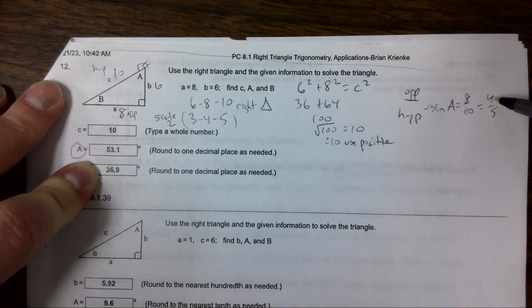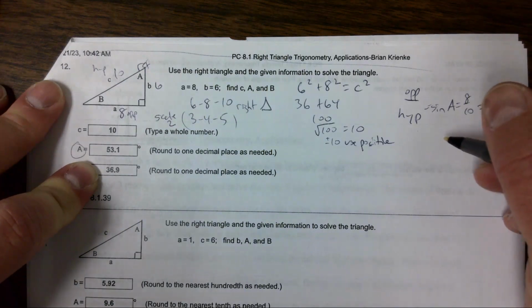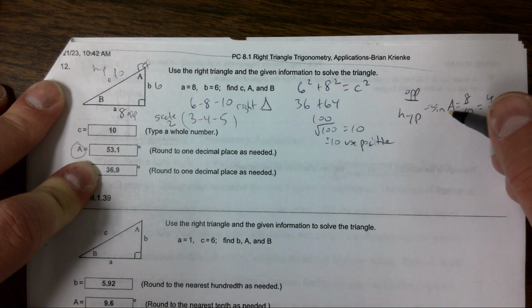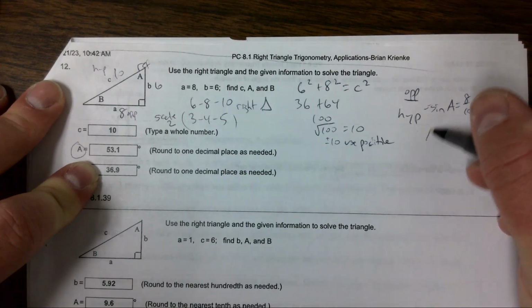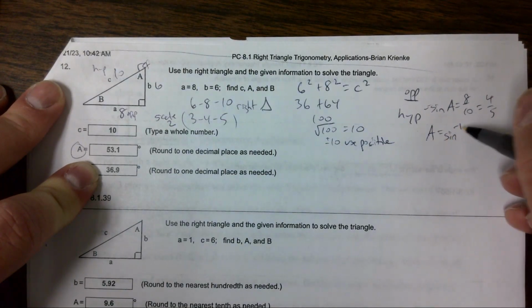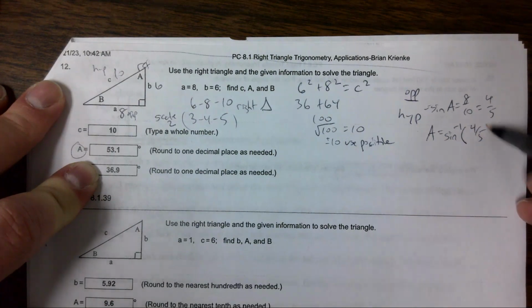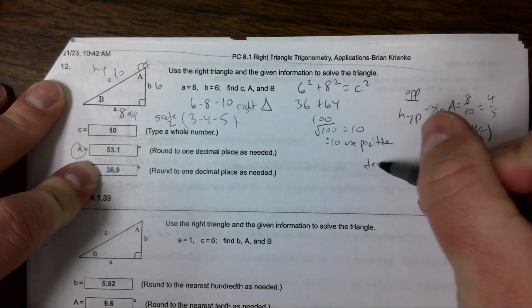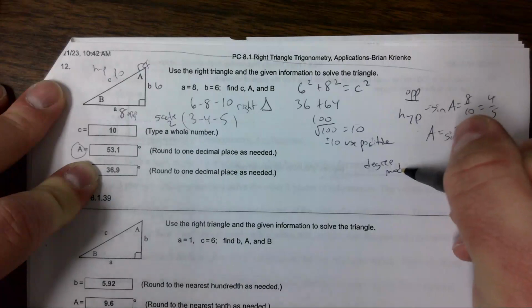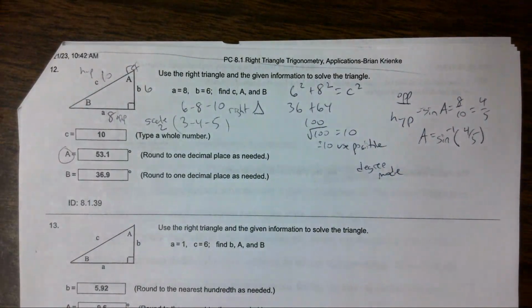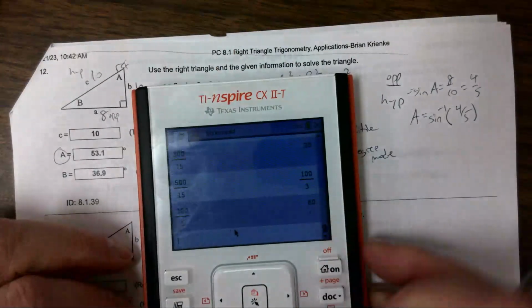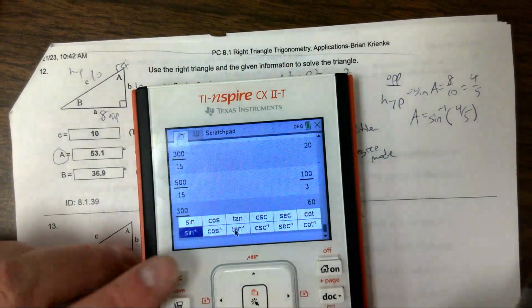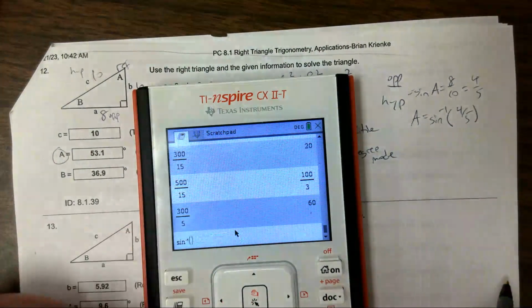Now, we have both side lengths, and so we need to be able to get the angle. So if we have sine of A, then we do inverse sine to both sides. So we say inverse sine of 4/5. And again, make sure you're in degree mode for these. So press trig, go to inverse sine, and do 4/5.